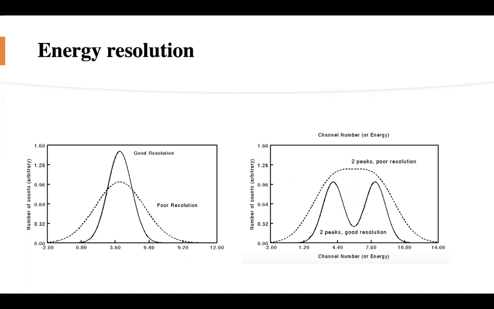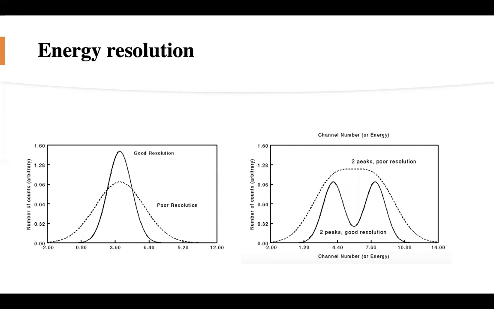And these are just two examples to compare a good resolution detector and a poor resolution detector. On the left side, the good resolution detector, we can see the full width at half maximum, the width of the peak, is smaller than the peak produced by the poor resolution detector.